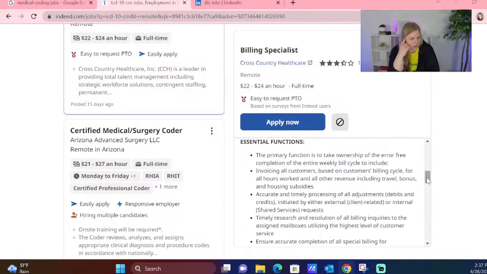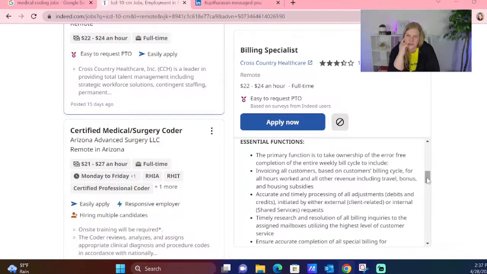Essential functions: take ownership of the error-free completion of the entire weekly bill cycle to include, I'm sorry, like they really inflated this, holy crow. Invoicing all customers based on customers' billing cycle for all hours worked, and other revenue, including travel, bonus, and housing subsidies.